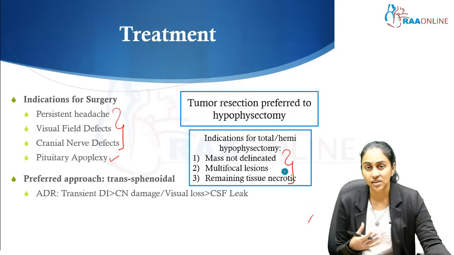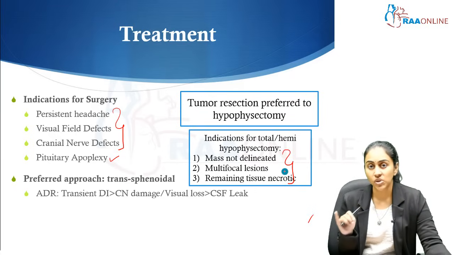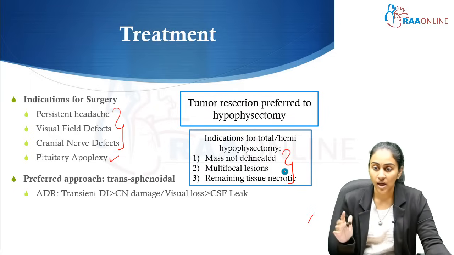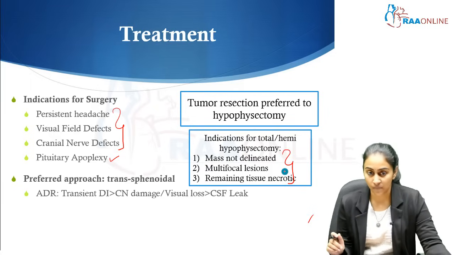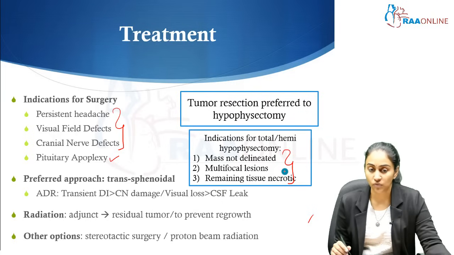So, usually when we say surgery as a line of management, we refer to resection of the tumor alone. Hypophysectomy is preferred only if the patient has multifocal lesions, not very well delineated mass, and in case of necrotic mass. Now, radiation, what is the role of radiation? Only as an adjunct in case there is a residual tumor following surgery or to prevent regrowth of the tumor.